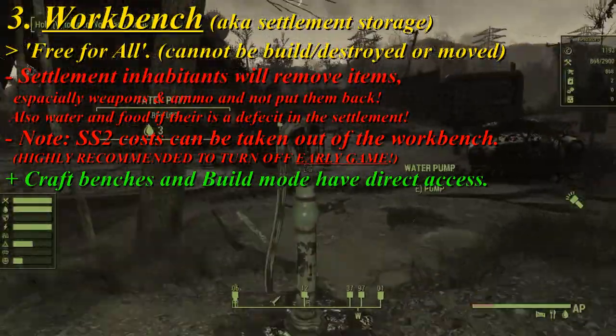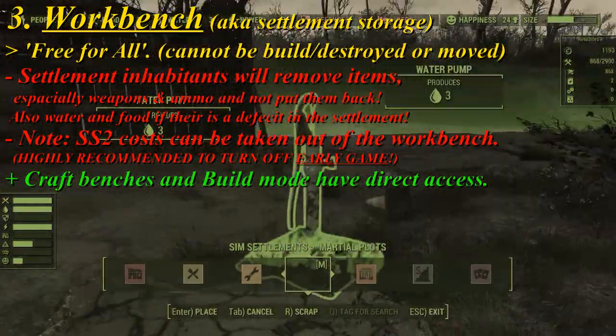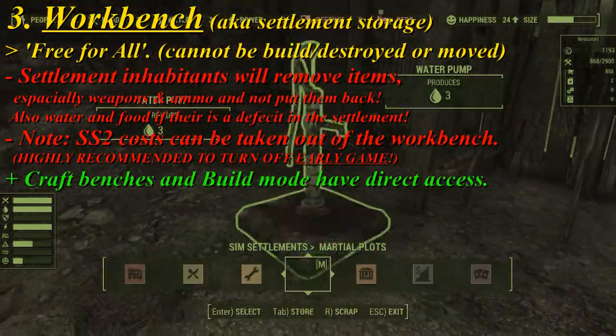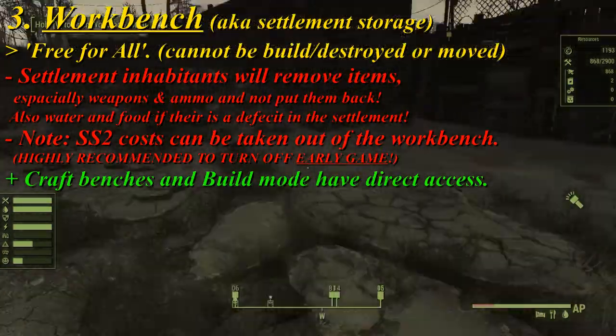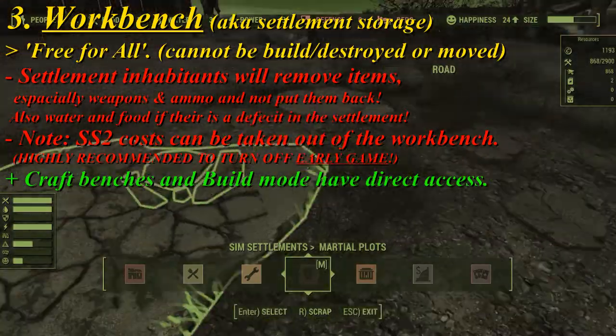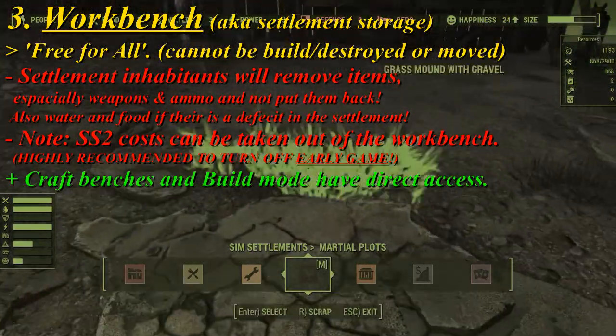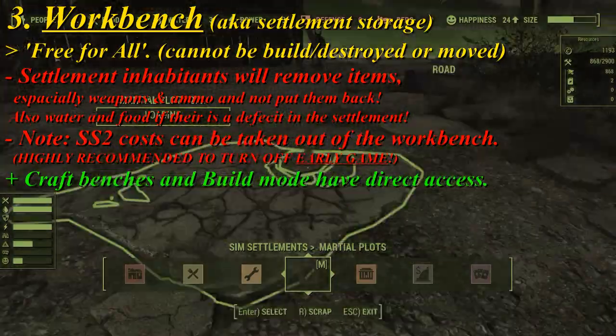And this is not just for mods, this is also true for cooking. So if you're at a cooking station and you want to cook some meat, you extract the meat from either your personal inventory or the workbench. So you don't need to actually physically take it out of the workbench, move it over to the crafting bench and craft it. That is all automated.